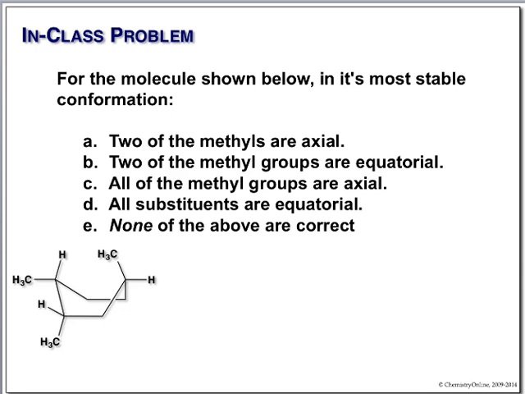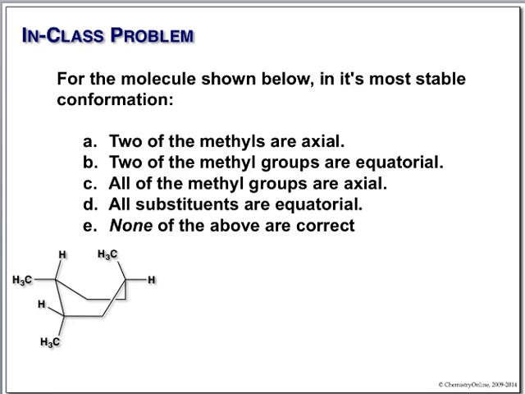We want to know in the most stable conformation if two of them are axial, two are equatorial, they're all axial, or they're all equatorial. I think the simplest way to do this is to convert this into a chair, and then take that chair, make sure we have the largest number of equatorials, and go with it.